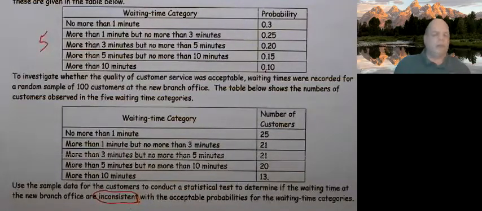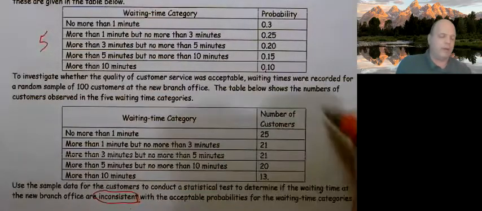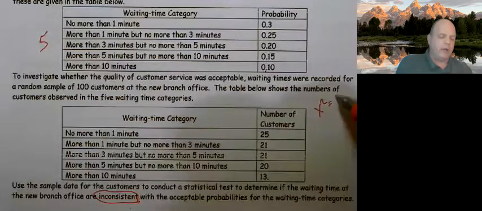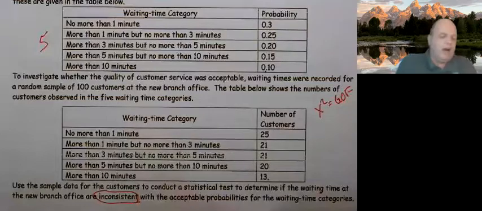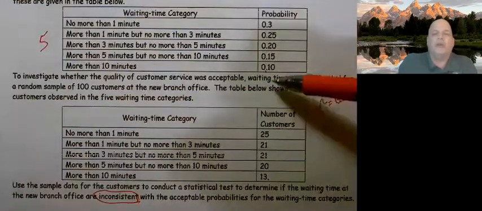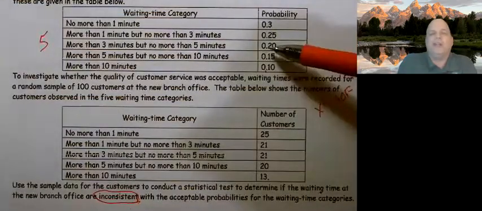As soon as they're saying same or inconsistent or matching, et cetera, do they match? If they're asking us if they match, then this is going to be a chi-squared goodness of fit. Now you're like, well, how do I know first off that it's a chi-squared? Well, the very first thing is I have multiple proportions here or multiple probabilities.